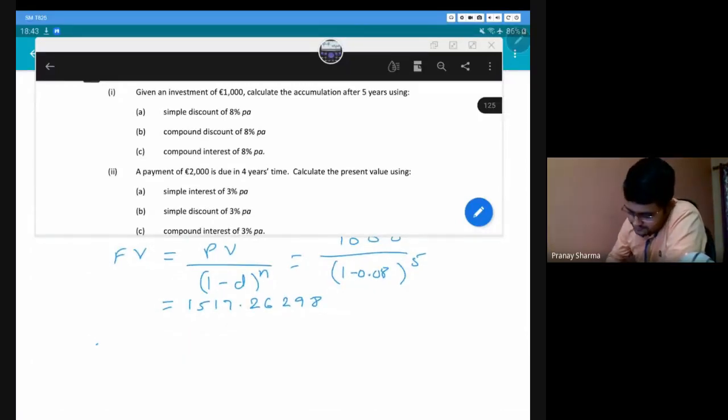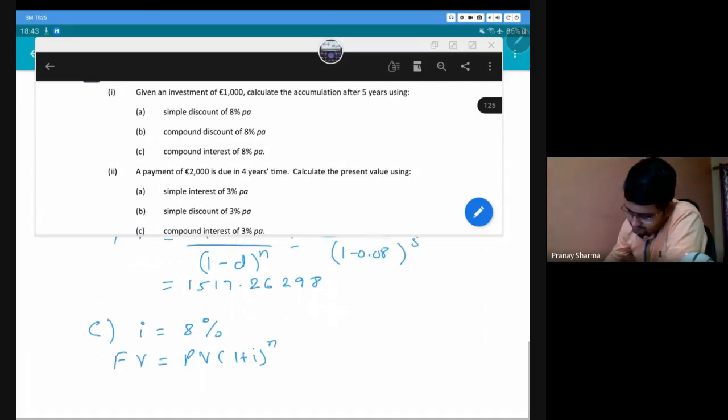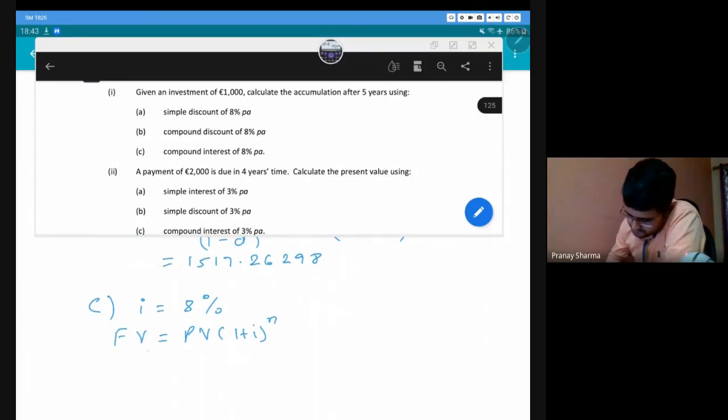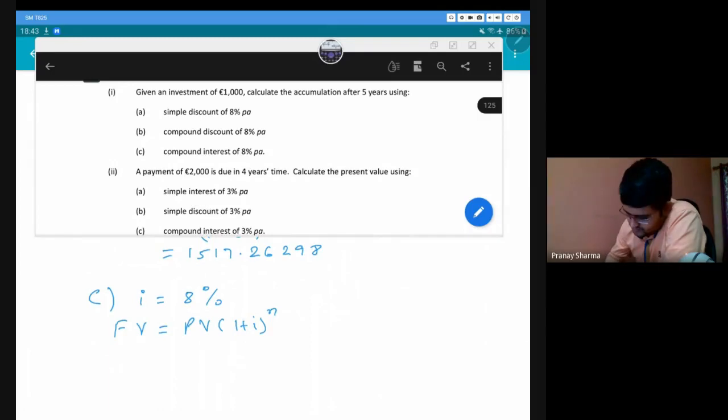Now C part, they're talking about compound interest. So our I is equal to 8%. So we know that our future value will just be present value into 1 plus I raised to N. The present value was 1000.